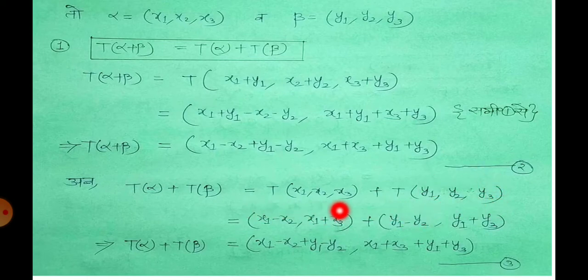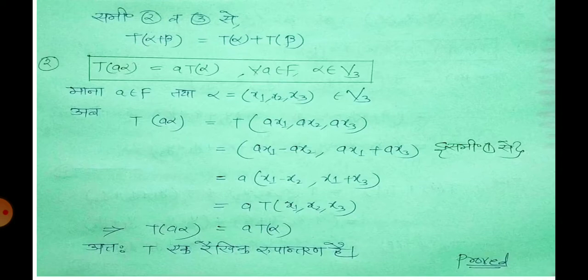Now we add the first term to the first term, x1 minus x2 plus y1 minus y2, comma, and the last term to the last term, x1 plus x3 plus y1 plus y3, and on the left hand side we write T of alpha plus T of beta. From equation 2 and equation 3 we see that the right hand sides of both equations are the same, so it is clear that T of alpha plus beta is equal to T alpha plus T beta. So from equations 2 and 3 this is proved.